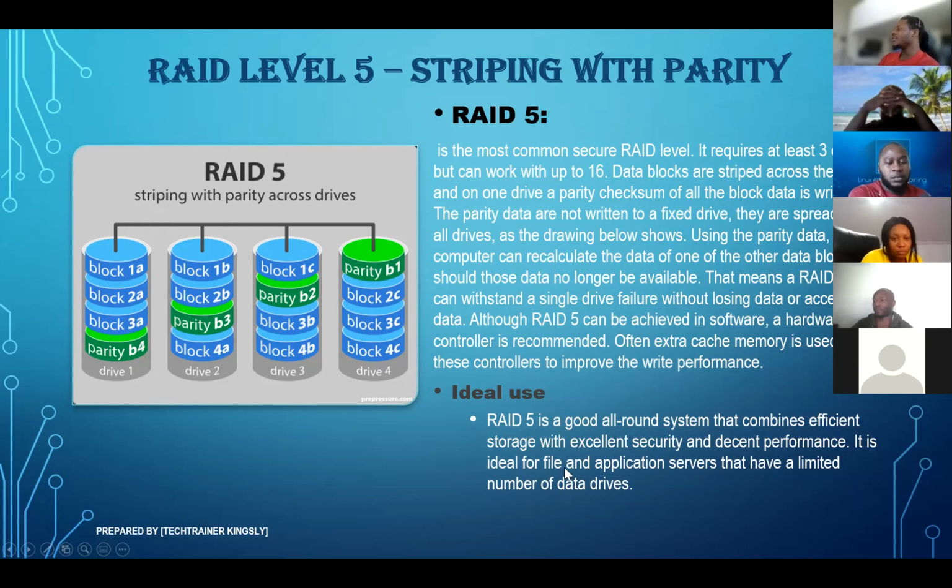It is ideal for file and application servers. You see how they specify it. You don't want to have an application on the server and tomorrow find the application is missing. Whereas if you had RAID 5 on that server, it clones that application into multiple places, so if you don't find it on this drive, you can always go to the next drive and see it there. As easy as that.